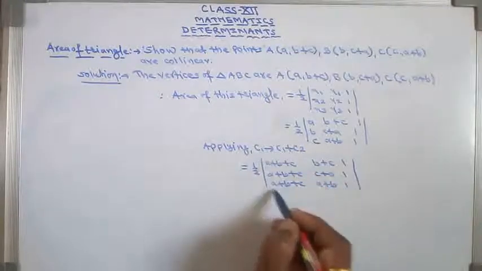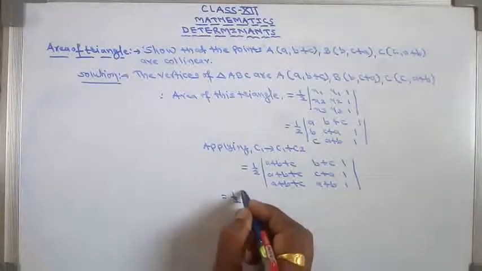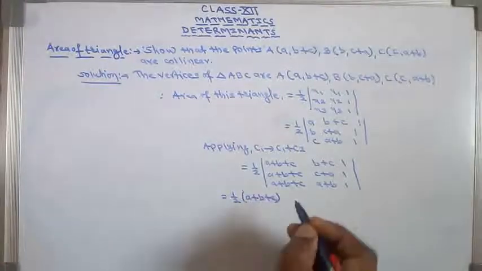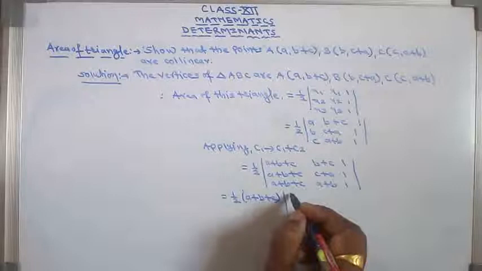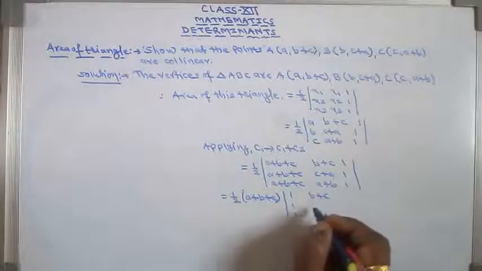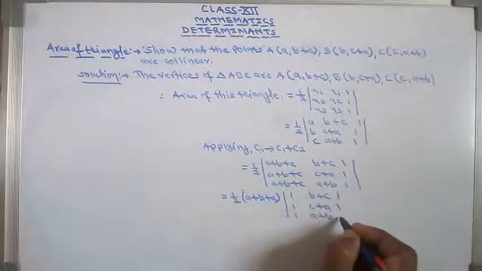Now I can take A plus B plus C as common, so this is half into bracket A plus B plus C into determinant 1, 1, 1; B plus C, C plus A, A plus B; 1, 1, 1.